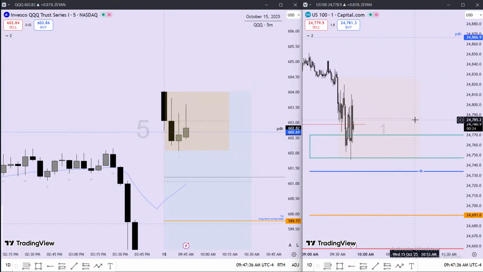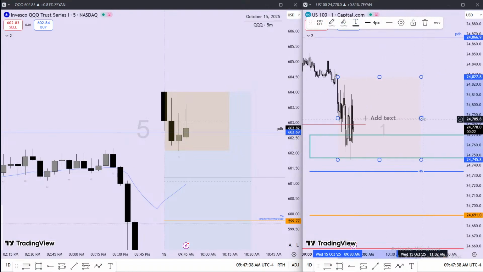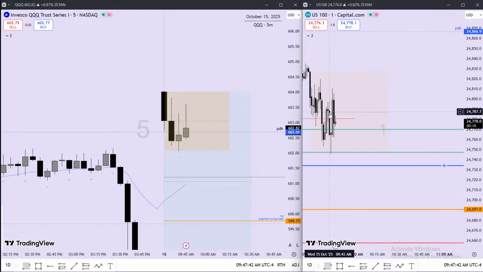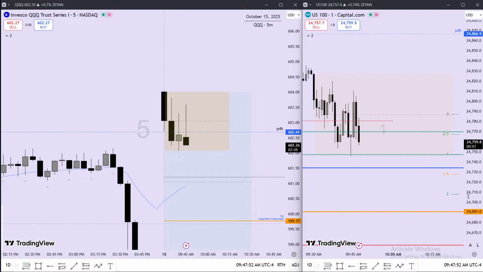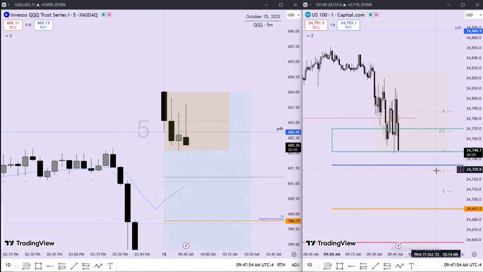Let's assume if I take a short, which I don't really want to because we are at the support point. So if I short it, I'll be shorting right at support. Even if I short it with a lower lot size, my target will be 707, which is not really bad.